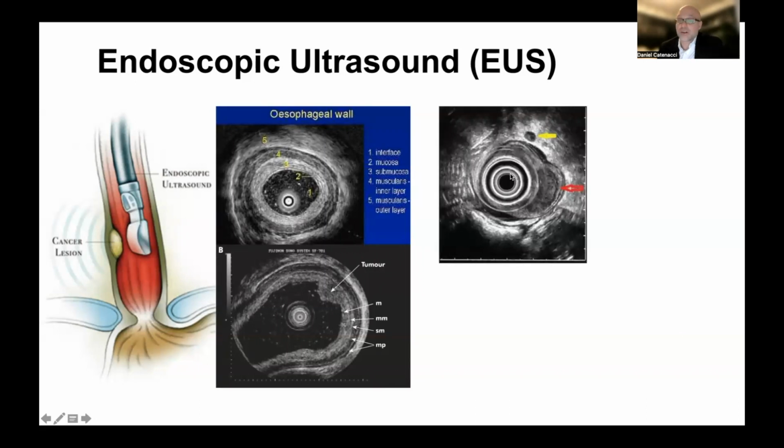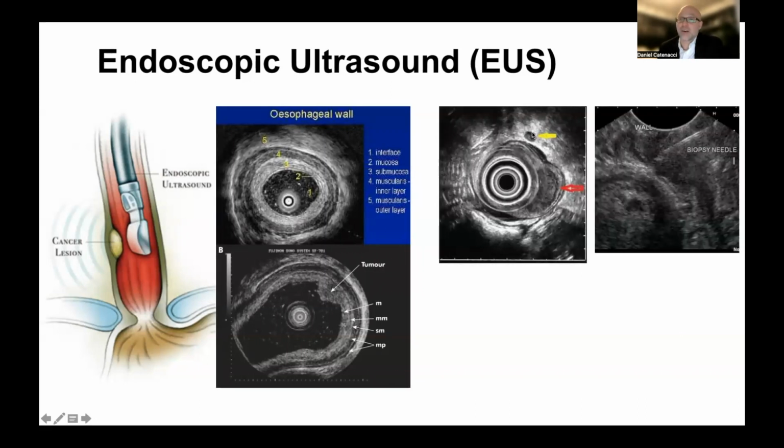If they're suspicious but not sure, they can actually stick a needle through there and take a sample of that lymph node. And then, in the example that I was mentioning in diffuse type gastric cancer that has been elusive and a diagnosis has not been made yet, but there's a concern on endoscopic ultrasound, one can go in and put a needle with a fine needle aspiration into the wall of the stomach and get a biopsy sample and confirm that there are abnormal cells there, even though the endoscopy looks normal on the surface and superficial biopsies of the stomach are coming back normal.